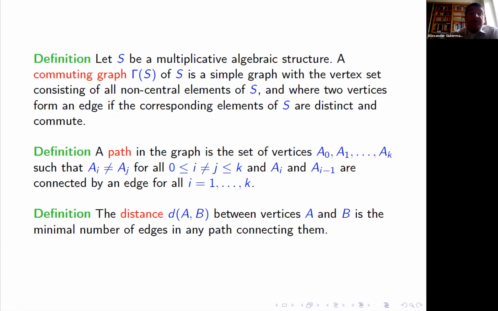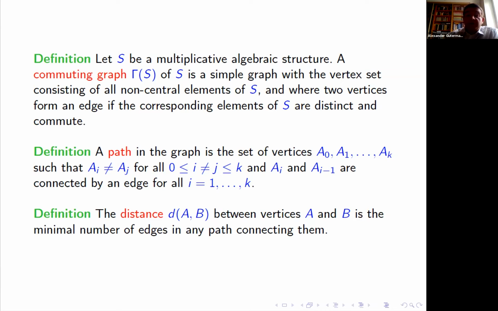And another ingredient, another language we need to characterize this extremal case, is the notion of a graph, which was already defined in the talk. We just consider a certain algebraic structure and define the commuting graph. We have an edge in that possibly infinite graph if our elements commute, and otherwise no edge. In the classical way, we could define path and distance in that graph.